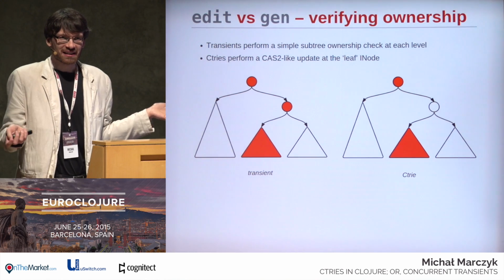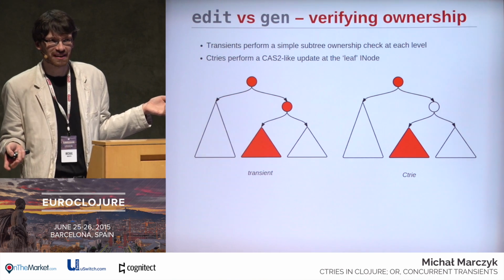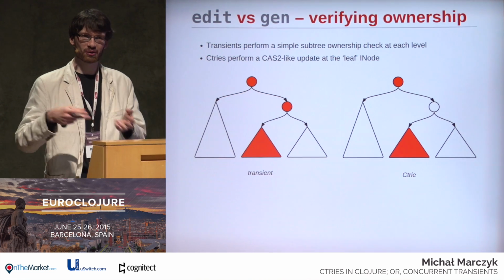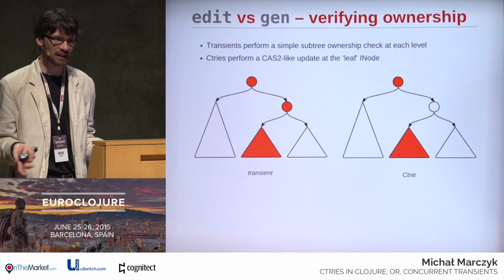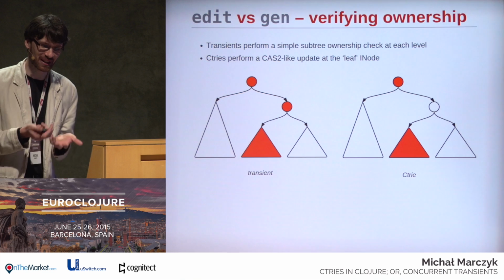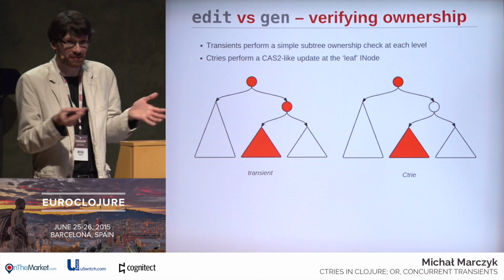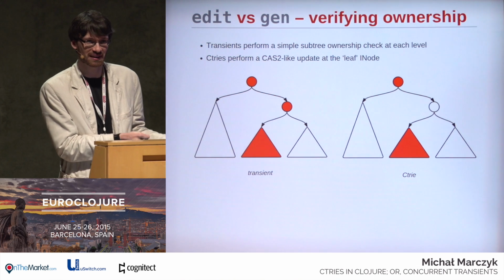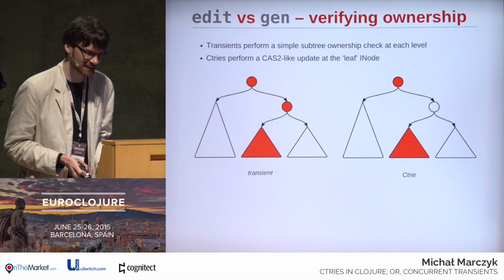So ideally, you do that using a cas2 operation, meaning compare and swap on two memory locations. That just doesn't happen to exist in hardware, so we have to work around that using regular cas operations. But if we had access to a cas2-enabled hardware architecture, then that would obviously be ideal.